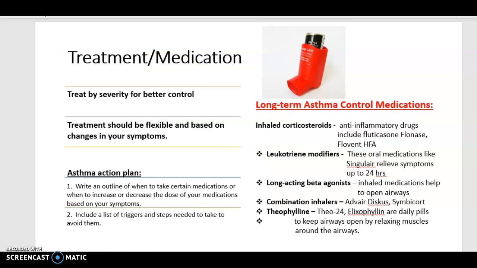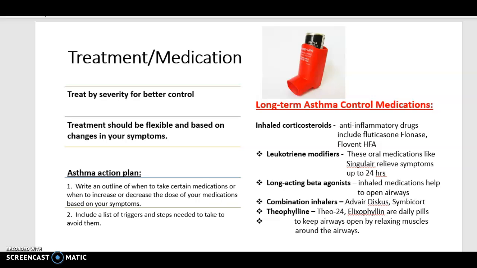So going over treatment and medication, the key to treating your asthma is staying on top of it by taking your medications as prescribed and not letting it go. So if you treat your asthma, you'll have better control over the severity. And the treatment should be flexible and based on changes in your symptoms.